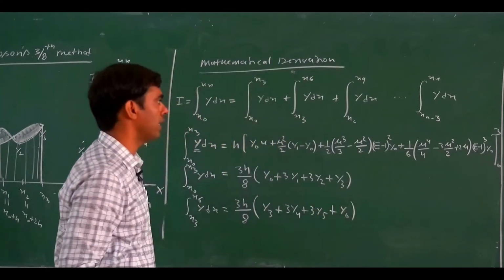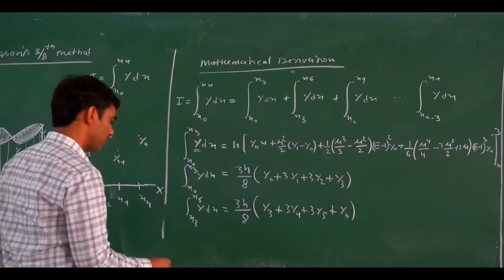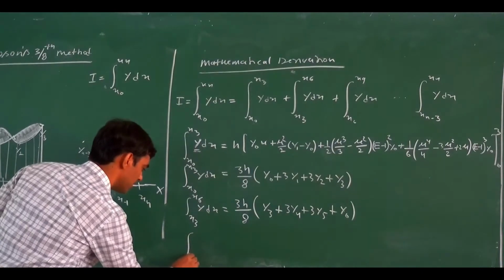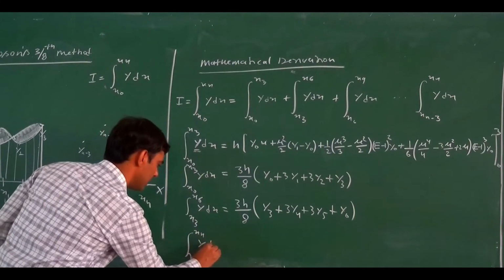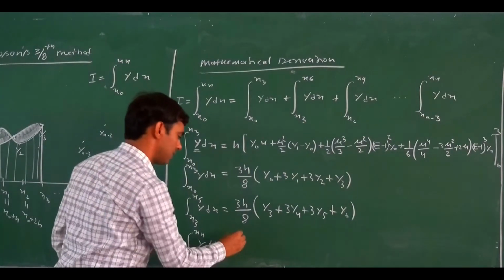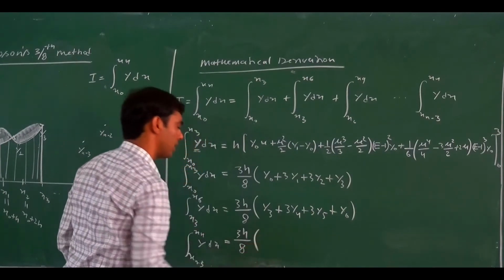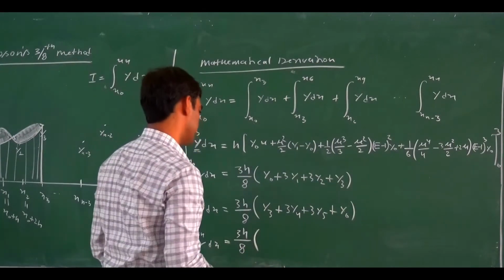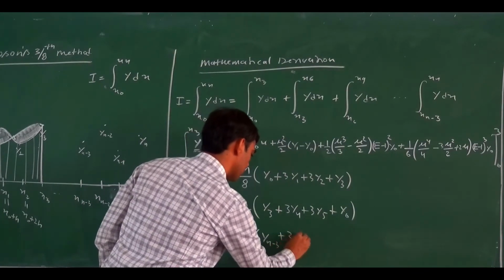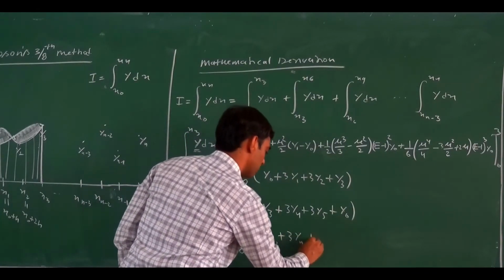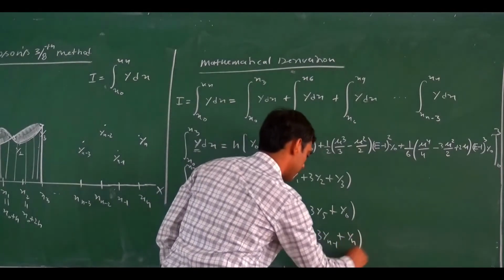And in a similar manner, what is the value of our last integration? The integral from xn minus 3 to xn of y dx equals 3h by 8 times yn minus 3 plus 3yn minus 2 plus 3yn minus 1 plus yn.